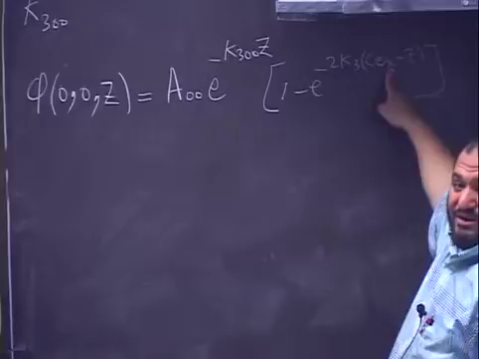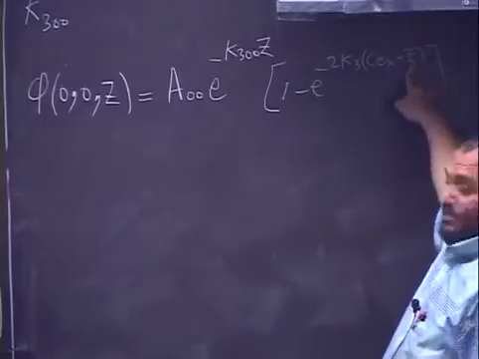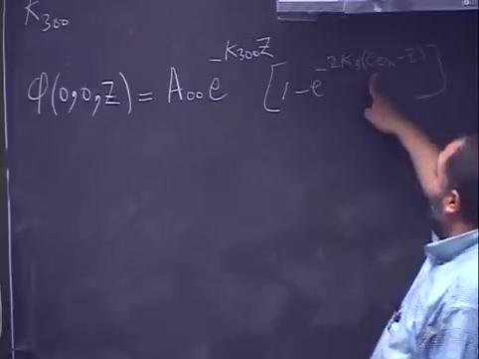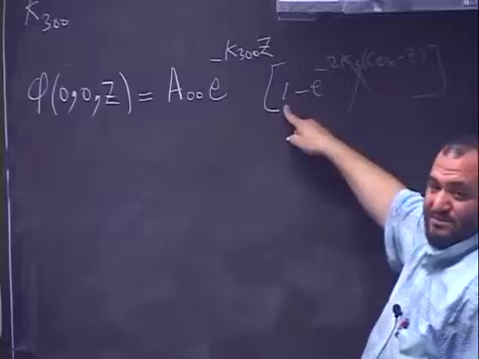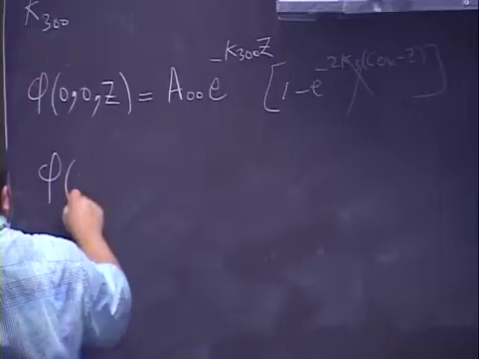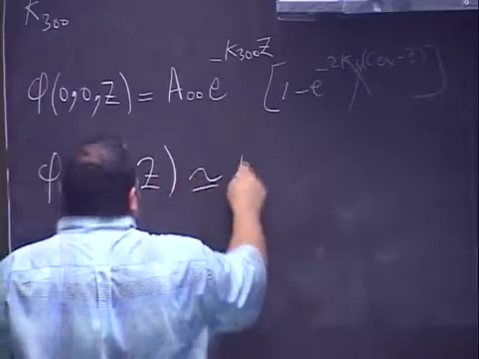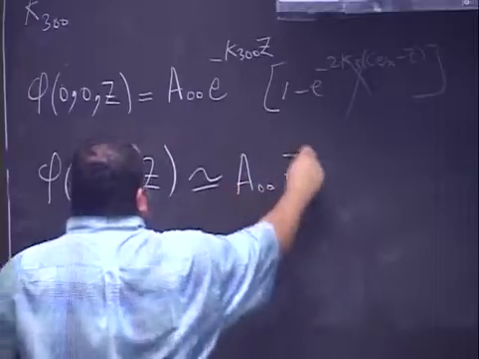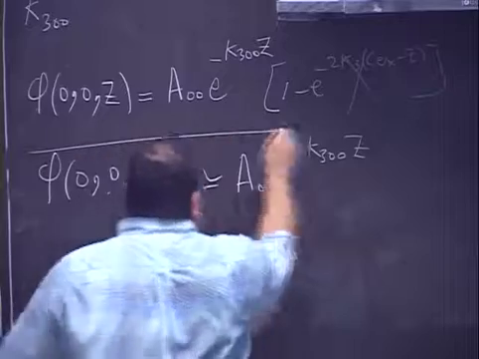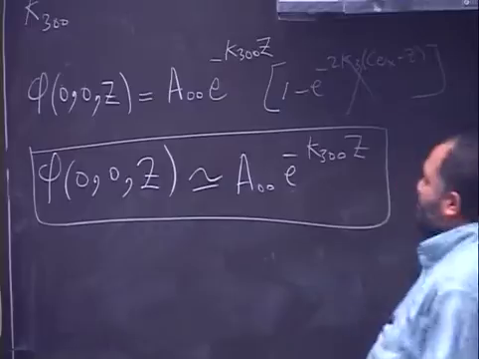It is high when Z is far away from the boundary. So if it is high, I can neglect the exponential with respect to the 1. So in this case, I can approximately say that phi of 0, 0, Z is approximately A00 e to the power of minus K300 multiplied by Z.